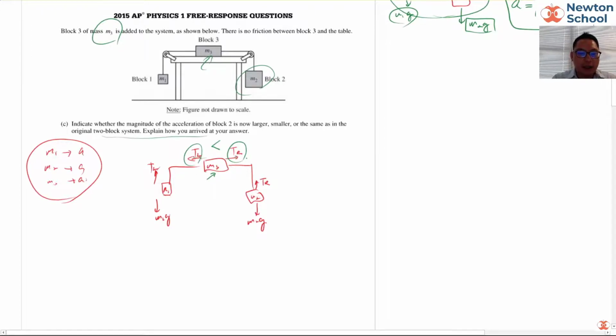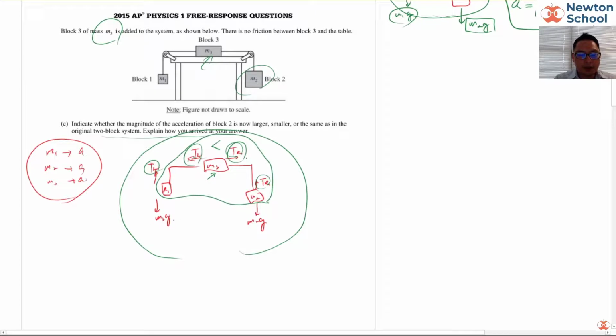This TL and that TL are the same. This is action-reaction. This TR is the same. That's action-reaction. So if you think of these three masses as a system, the external force is these two, because once again, TL will cancel, TL will cancel. And I know this guy wins over that. So F net is M2G minus M1G for the system, equals total mass times acceleration.